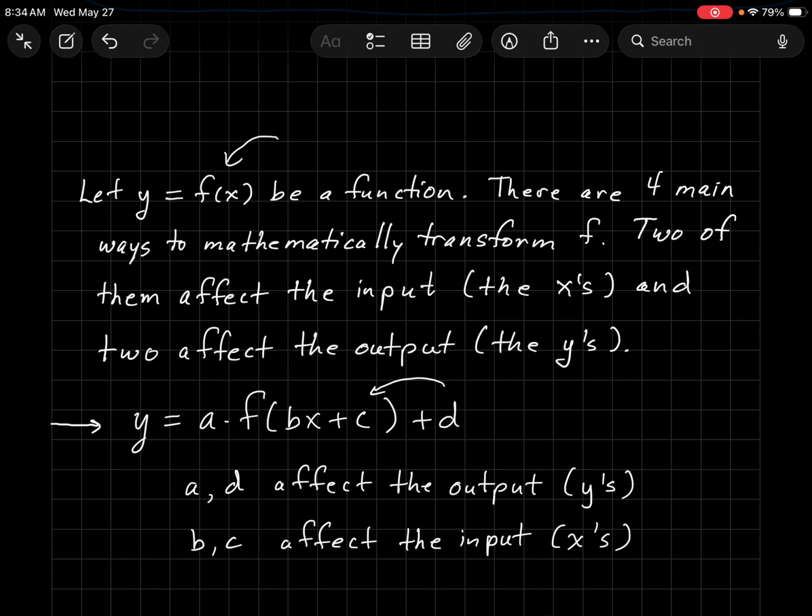Inside the parentheses is affecting the input, the x, somehow something horizontal. And outside the parentheses is affecting the output, the y's, something vertical.